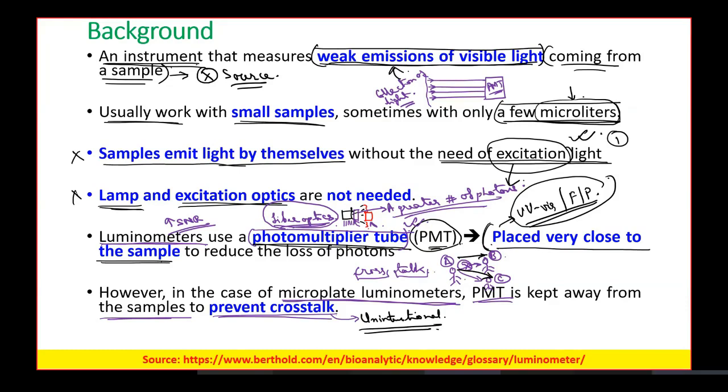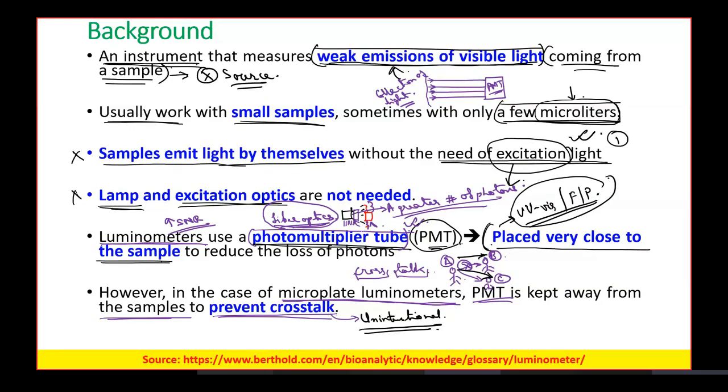Okay. So if you keep the detectors away from the cuvette, you will be losing signal. You have to keep the detectors nearby, so that your detector can collect as many photons as possible.